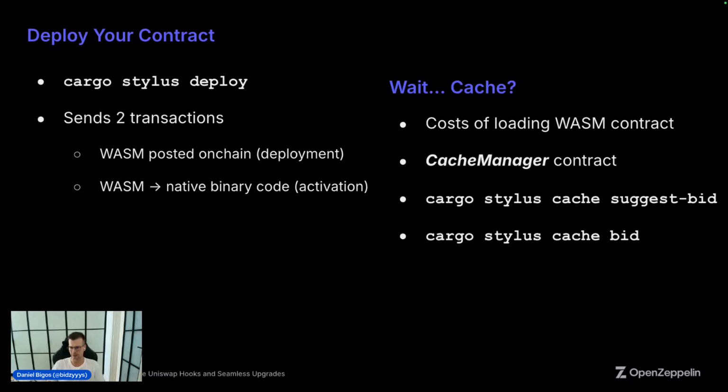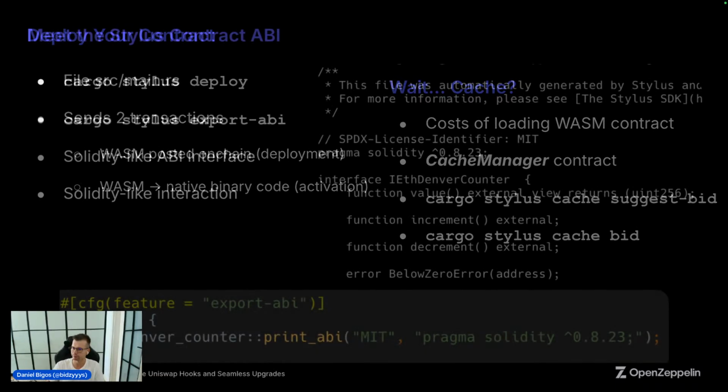Cache is a cache manager contract that holds all the contracts that are available in cache, so we have quick access to those smart contracts. We don't waste time and of course resources on loading WASM smart contracts into memory. In order to have our Stylus smart contracts in cache, we just need to use cargo stylus commands to add the smart contract to cache, of course place some bid, and we have it.